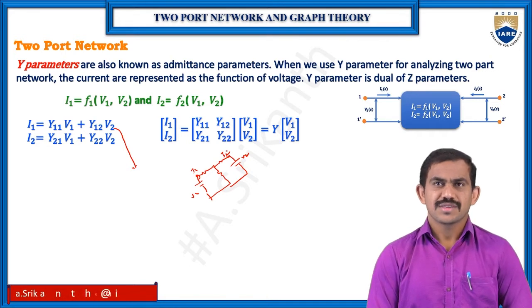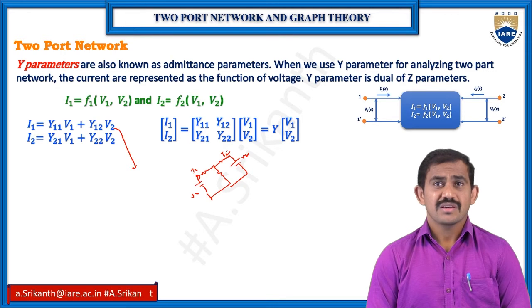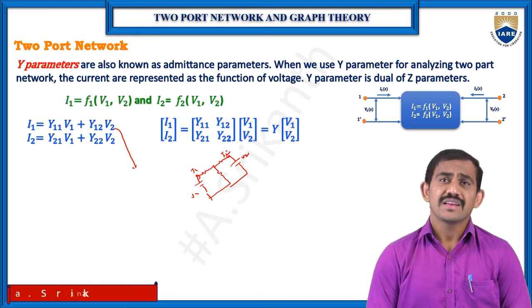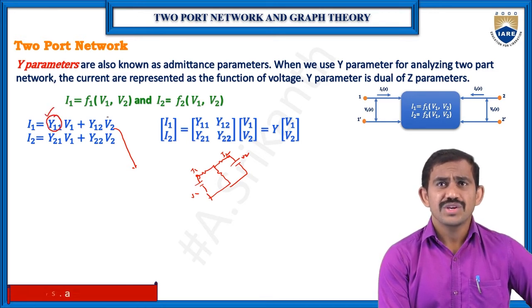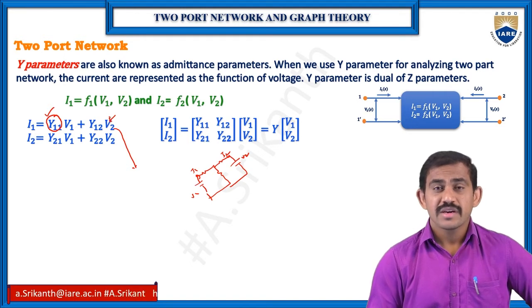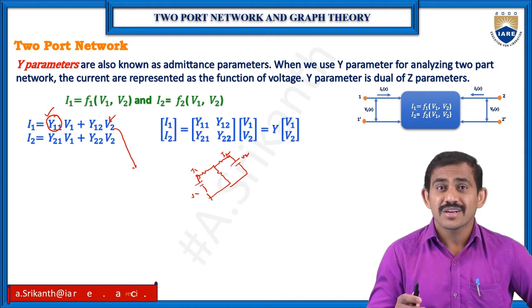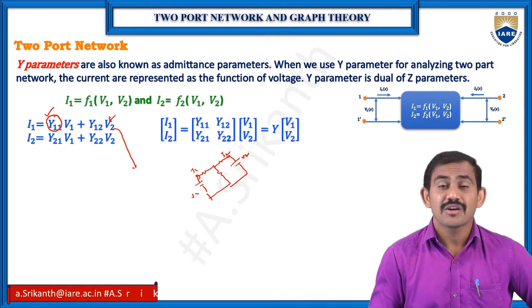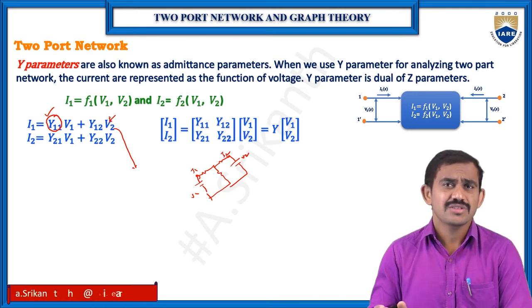So from this circuit, I want the y11 value. I want y11, which means V2 is 0, so the output voltage is 0. When output voltage is 0, the secondary output terminal, the second terminal, is short circuited. So the secondary side needs to be short circuited.